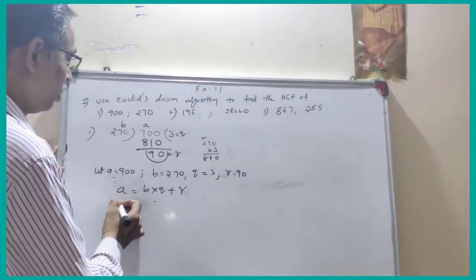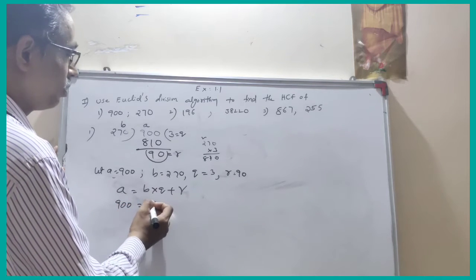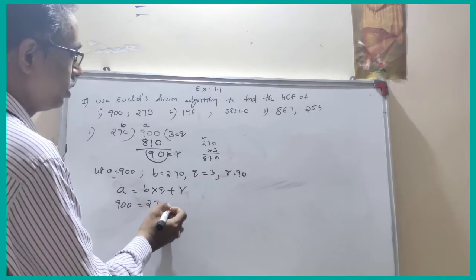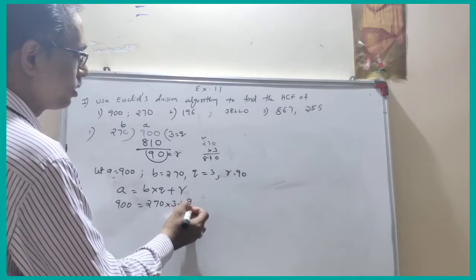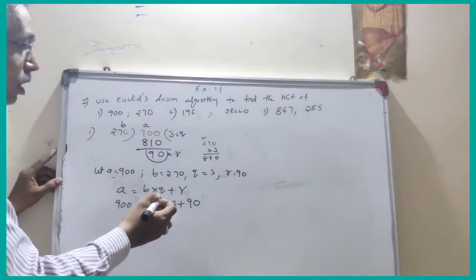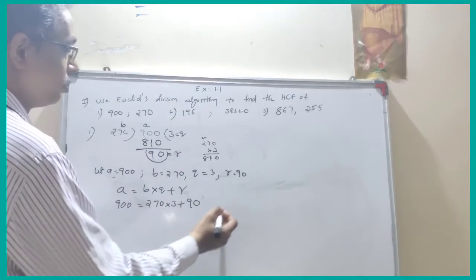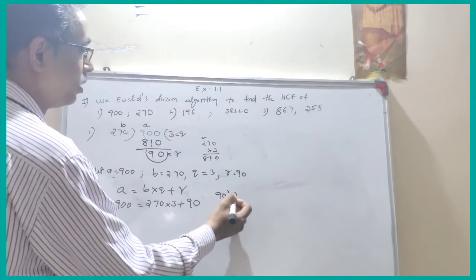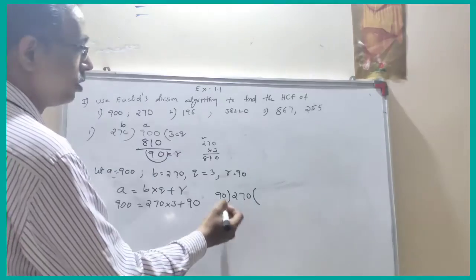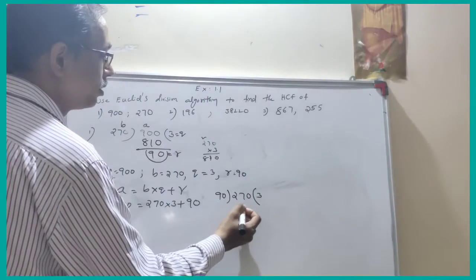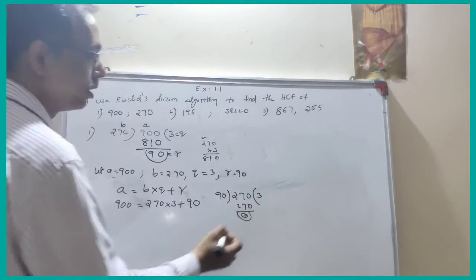So now 900 is equal to 270 into 3 plus 90. Again take 90 and 270 and divide: 90 threes are 270, we get 0 remainder.